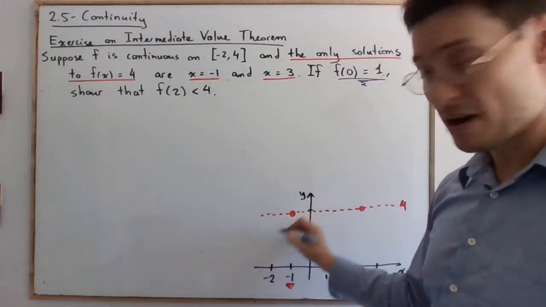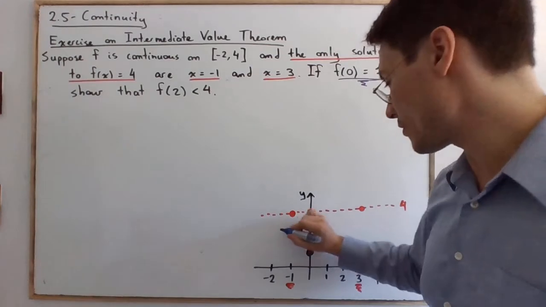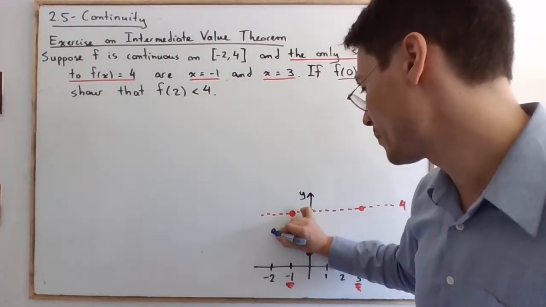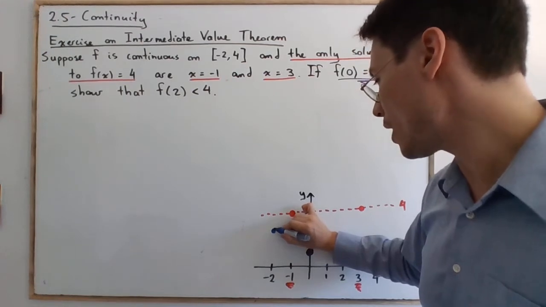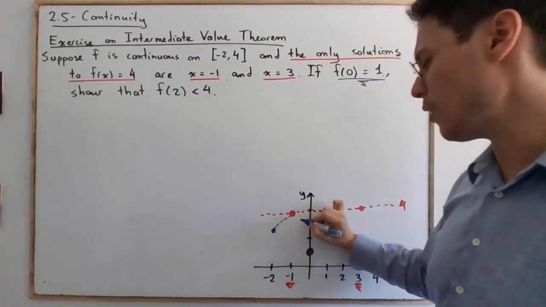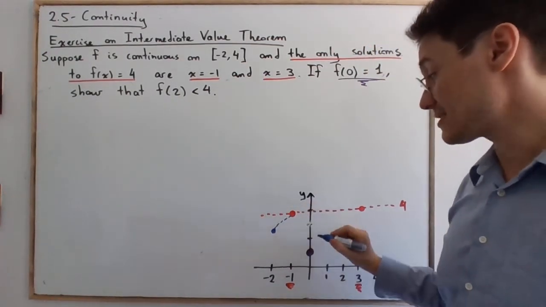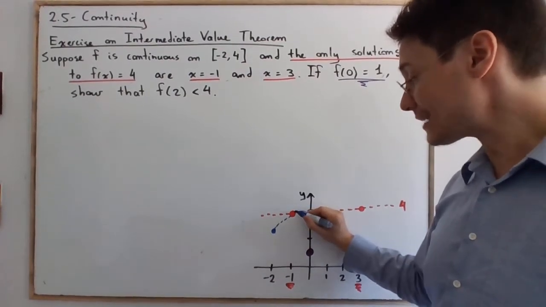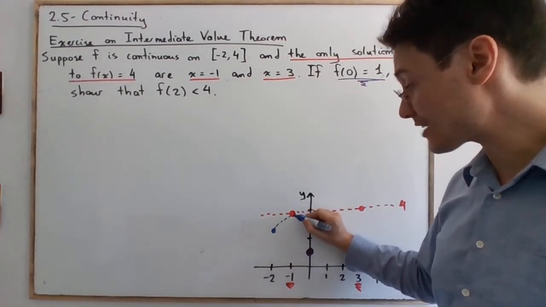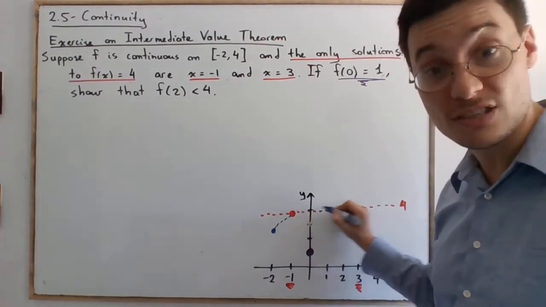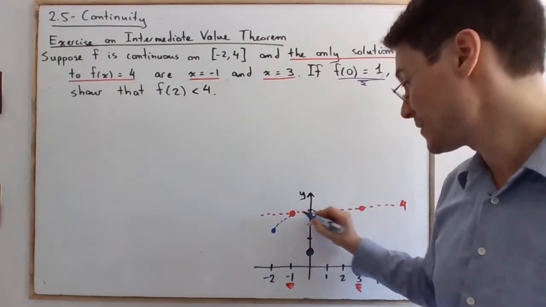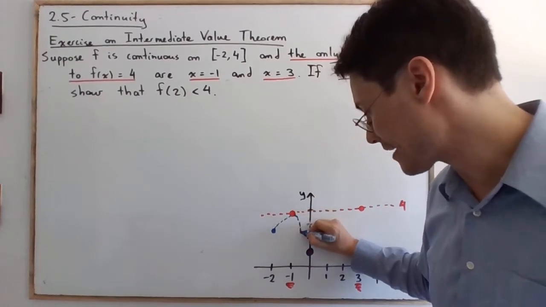It could start above or below. Just for the sake of the argument, we'll make it start below. So it has to go like this somehow. Then it matches this. Now you might think that it could go up here, but actually it can't because it would have to go back down and cross the line again. It's not allowed to do that. So it has to go down like this somehow.